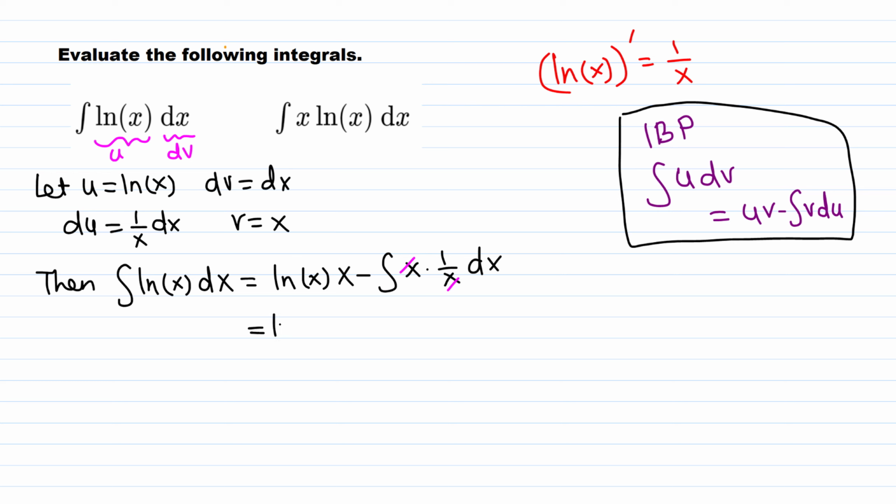Then we got natural log of x times x minus the integral of 1 dx. The integral of 1 is just x, and we write plus c. So this is our final answer. We let u be the first and dv the rest just to satisfy the formula.